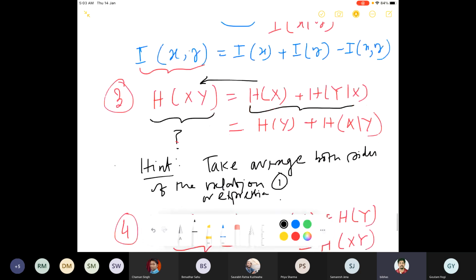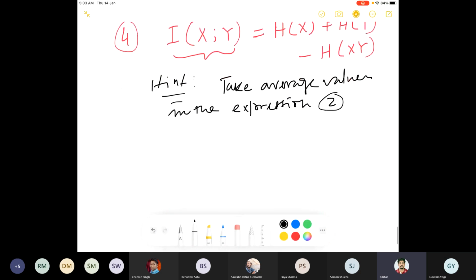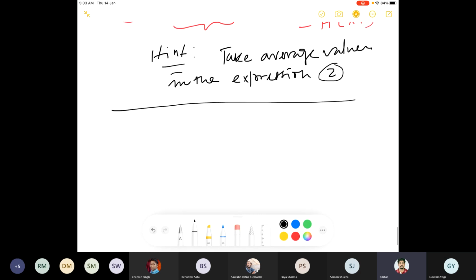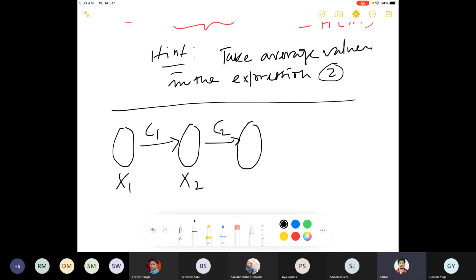And in that case, the idea is that instead of one channel, you have multiple channels cascaded together. Meaning, let's say you have something like x1 here, and then you have the first channel, then x2 here, then you have the next channel, okay, some x3 here, and so on.